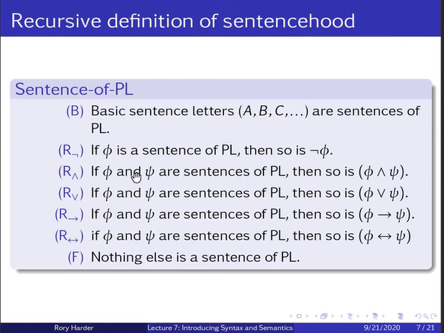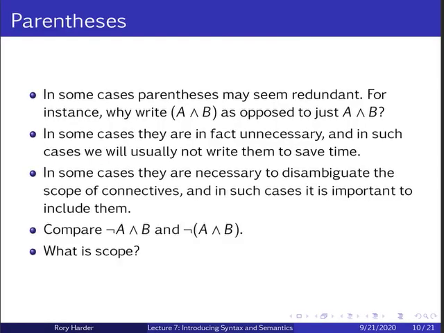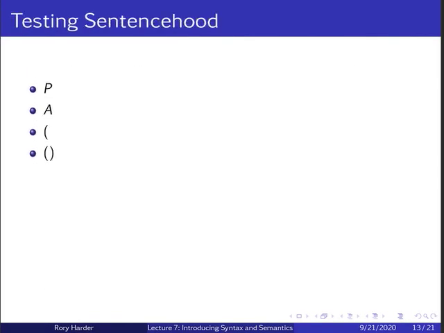So whenever we apply this rule, the phi and psi stand for particular sentence letters or things built up out of them. And that is why you never get that phi and psi is itself a sentence. Phi and psi are always going to be standing for particular sentence letters. So this here, phi and psi, is not a sentence of our logic.